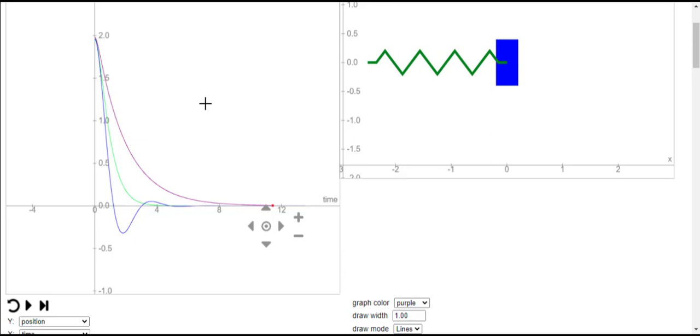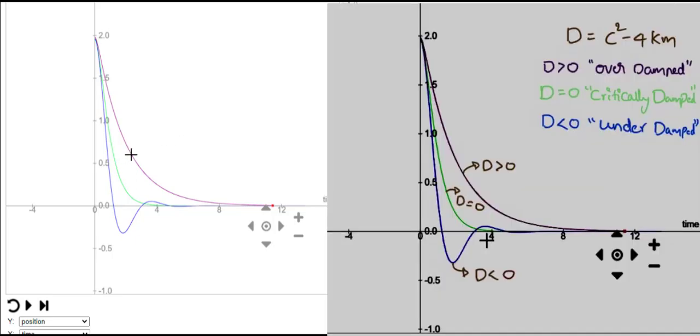So that's it. The purple one is overdamped, the lime color, near to green, the green line is critically damped, and the blue one is underdamped. So oscillations happen only in the underdamped case.